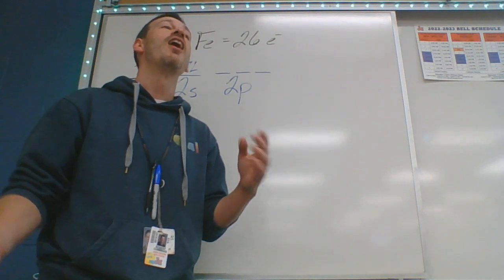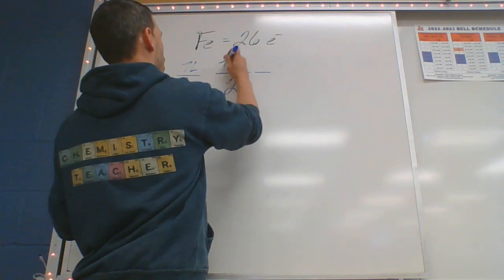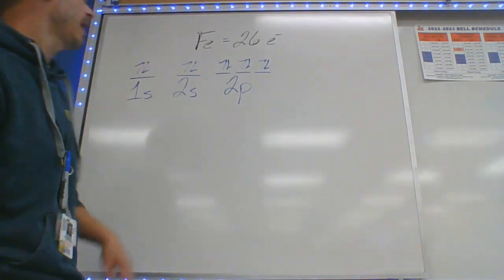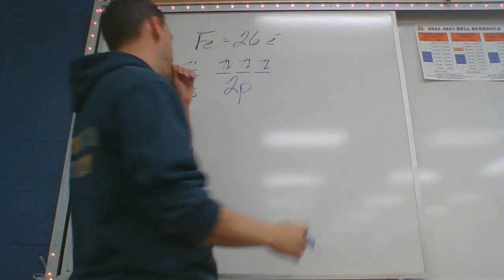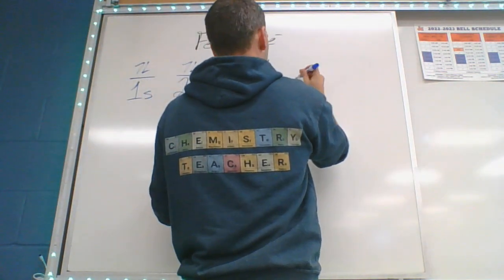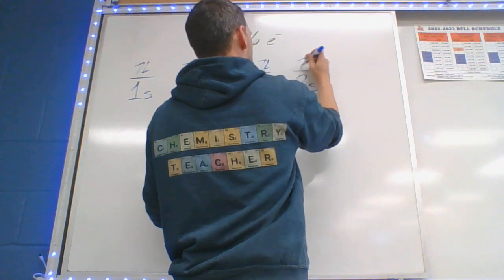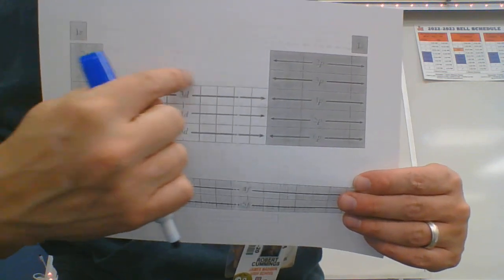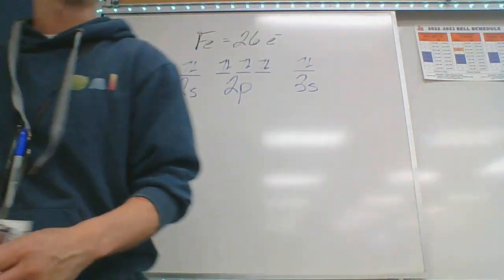What's the right answer? Hund says that you go singly before doubly. So let's continue going. After 2P comes 3S, and we know what S's look like. From there, 3S skips across the gap over to 3P.